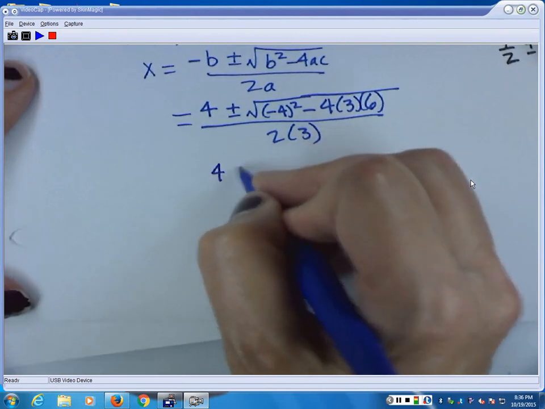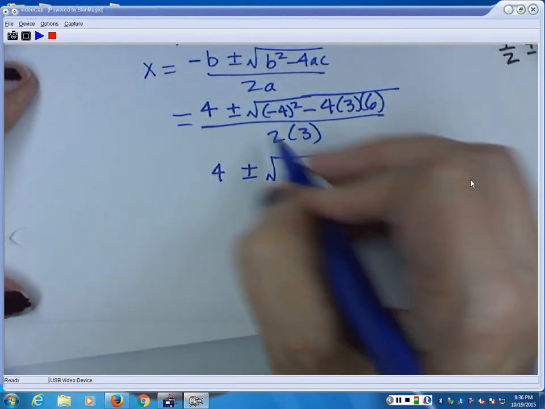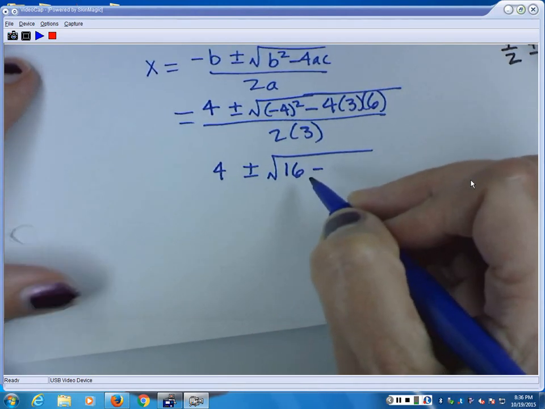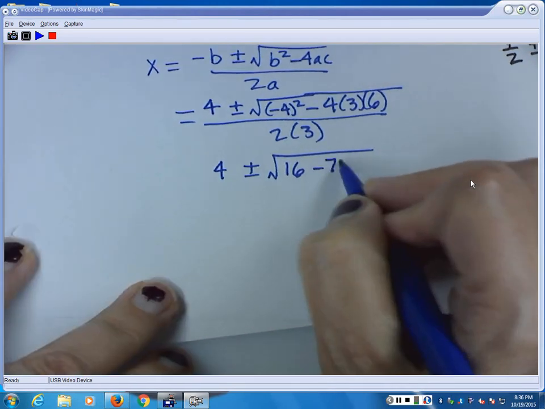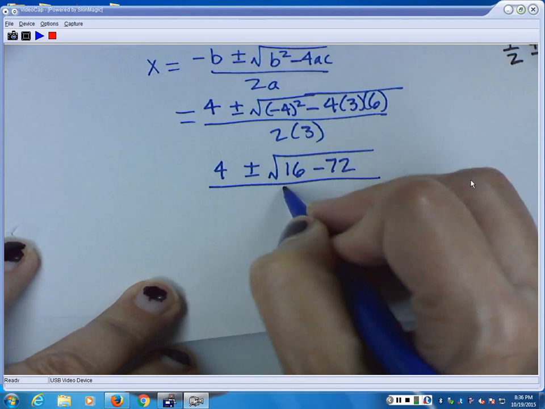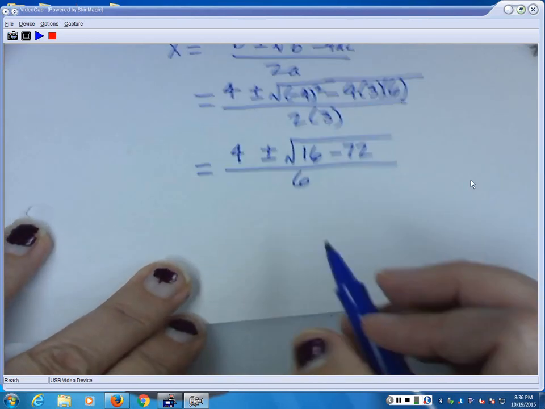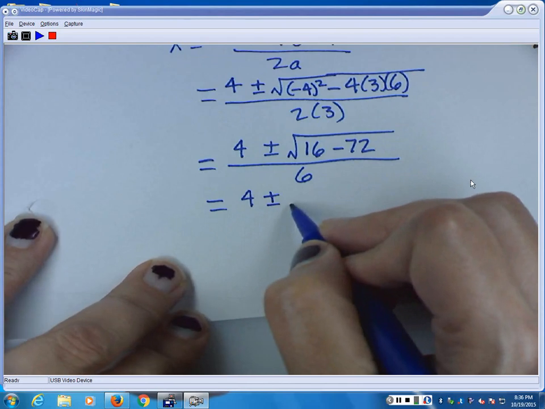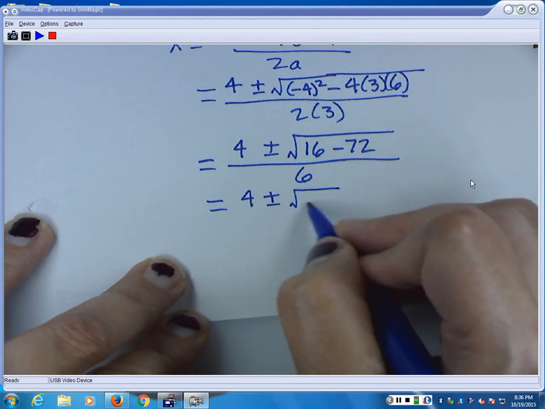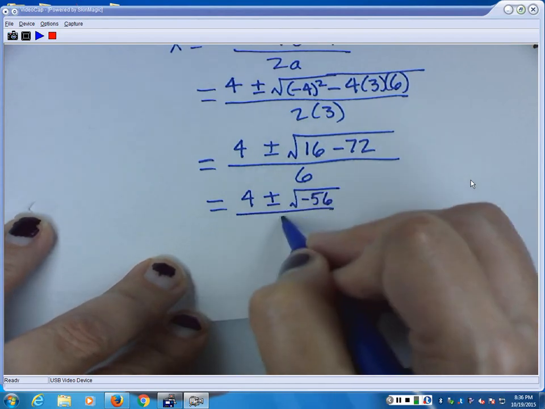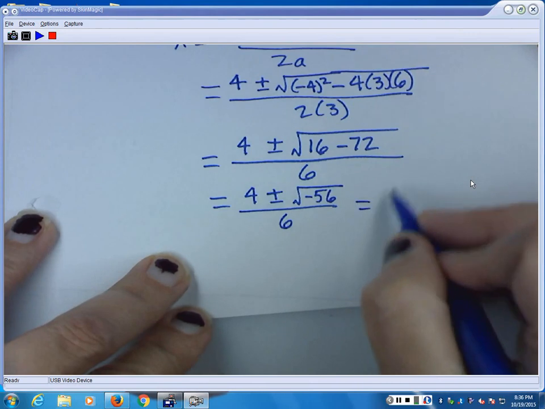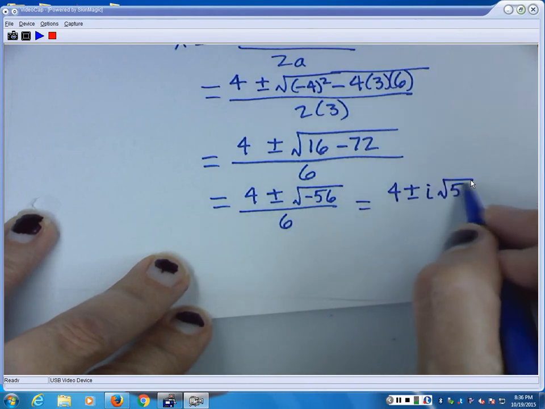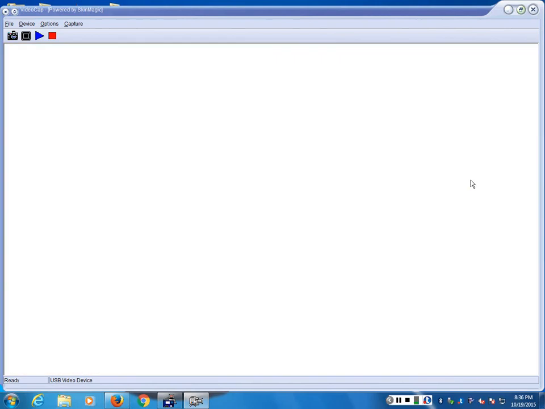That's 4 plus or minus, and you could do this off to the side, 16 minus 72, all over 6, equals 4 plus or minus the square root of -56 all over 6. 4 plus or minus i square root of 56 over 6.